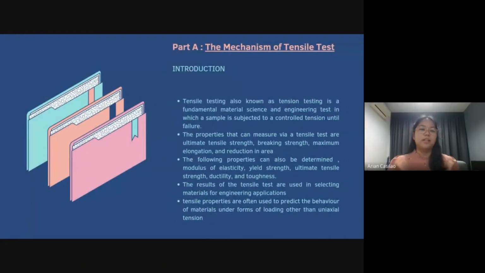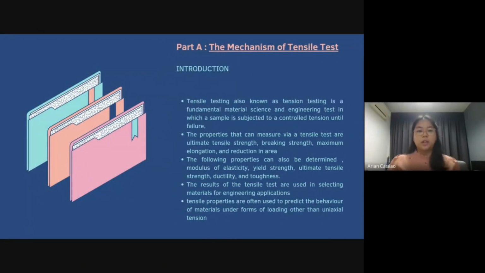So, in today's market, the emphasis on durable products for safety and quality, especially in critical structures like skyscrapers and aircraft, is driving demand. Tensile properties, which are crucial in construction, are assessed through tensile testing, a vital technique in material science. This method involves subjecting a sample to controlled tension to reveal key qualities such as ultimate tensile strength and ductility.